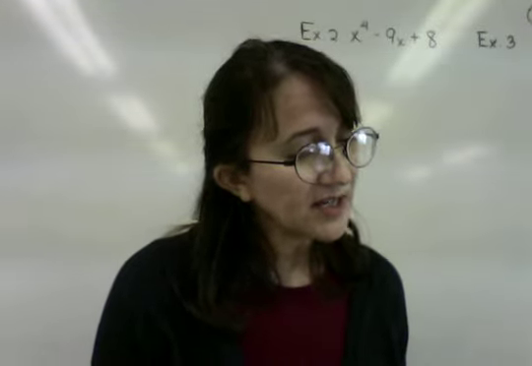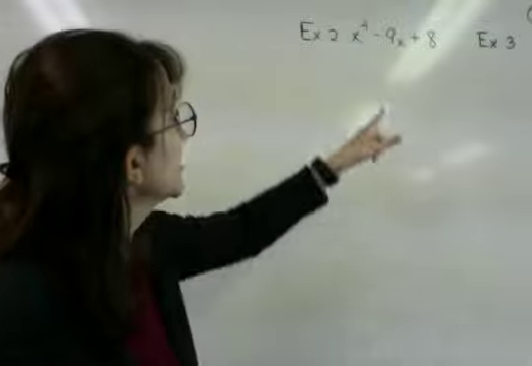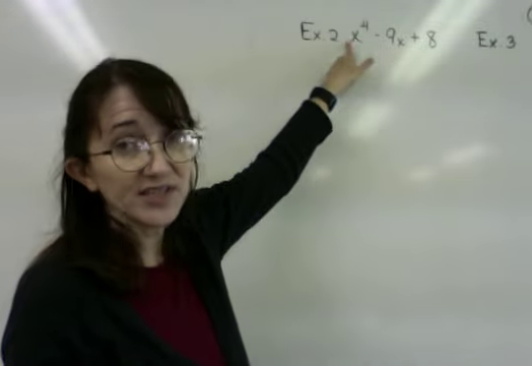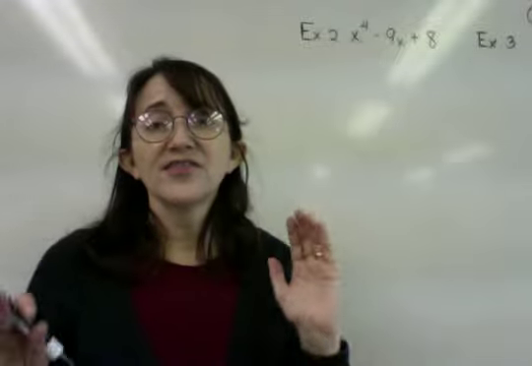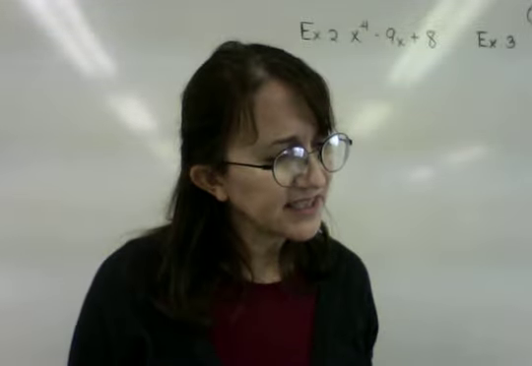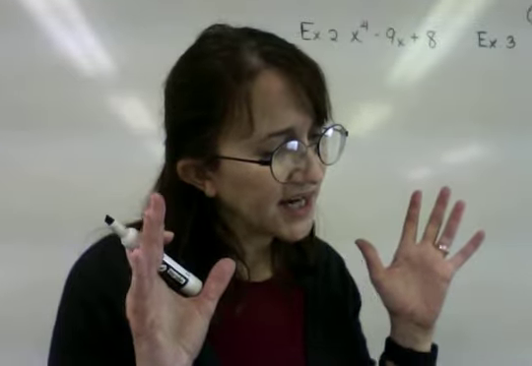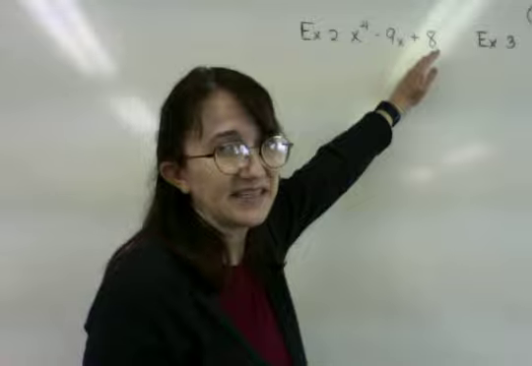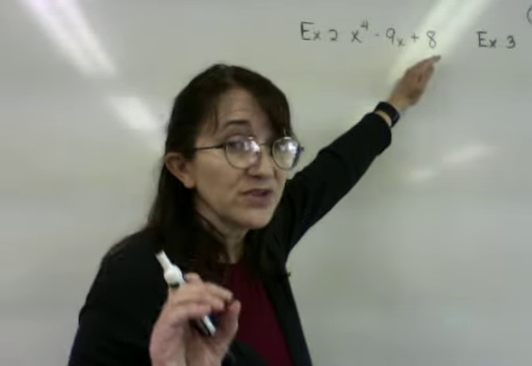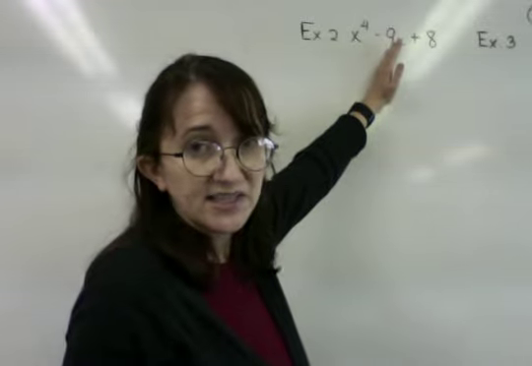So what am I going to start doing? Since I don't have a special pattern, I'm going back to technically 10.2. And where I'm starting to say, all right, what are factors of 8 that if I put them together, I would end up with a -9 in the middle.